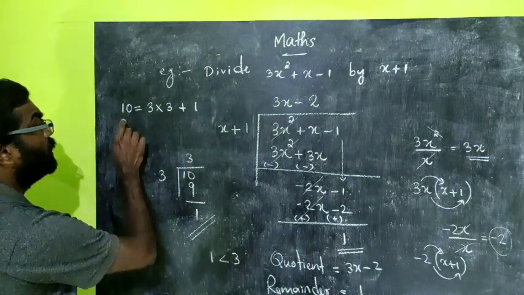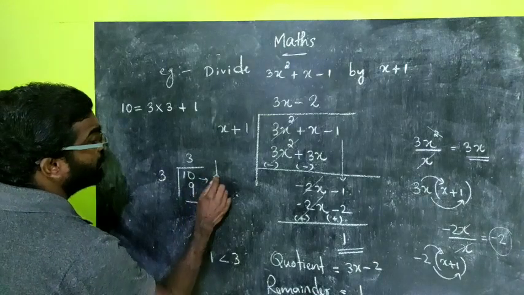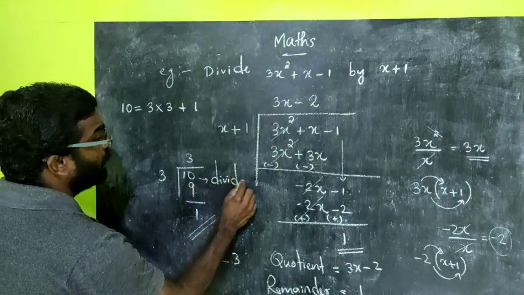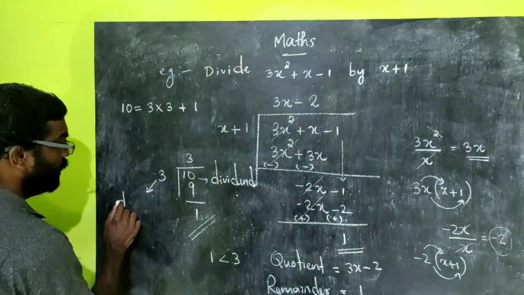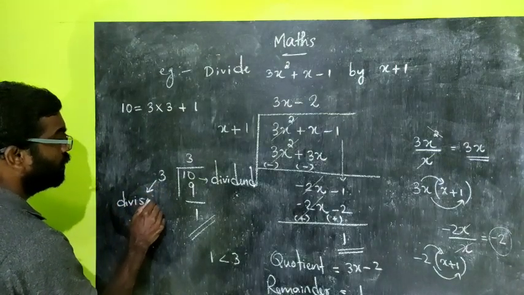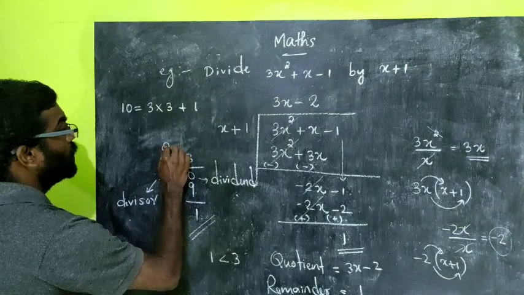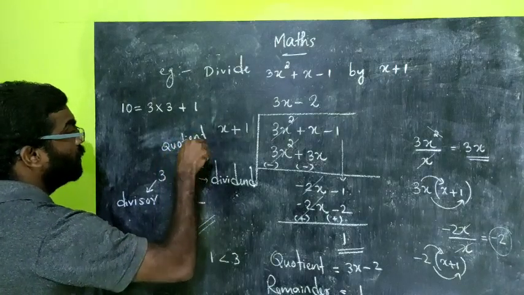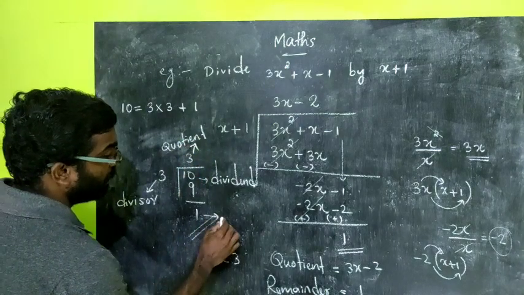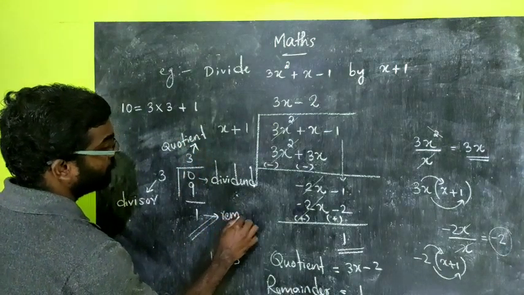So here 10 is called the dividend, and the number 3 is the divisor, and the quotient is also 3. Then the balance is called what? Remainder.